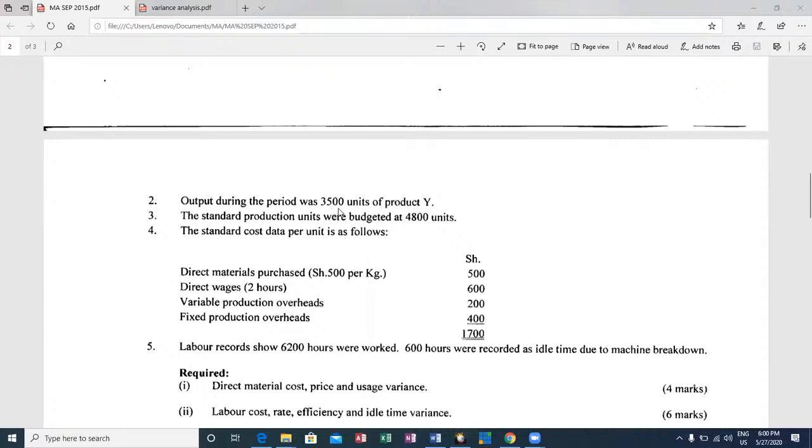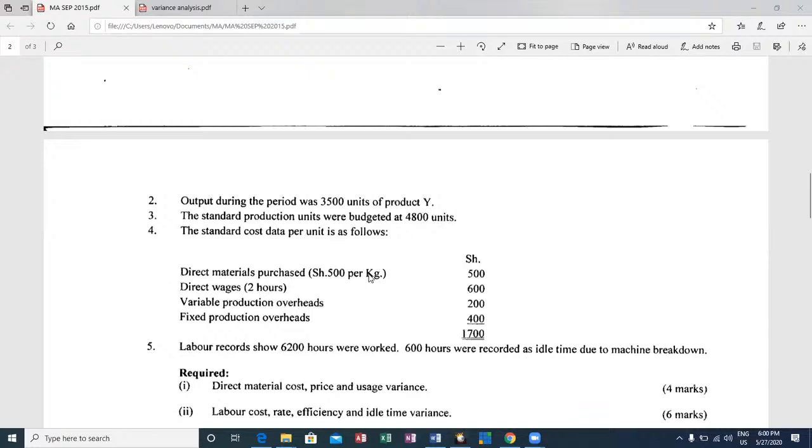The actual output was 3,500. I would want its standard material cost. I need to know how much it costs me to produce 1 unit in terms of materials, which is 500. So 3,500 times 500, minus the actual material cost.